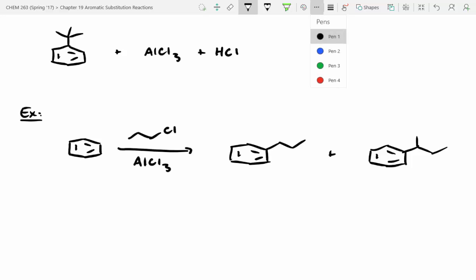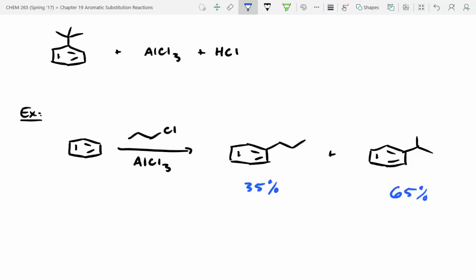And you can do this experimentally, and the ratio is 35% I think to... I have too many carbons. Oh, sorry, thank you. To 65%. So you can see you mostly get rearranged products, but you do get a little bit of the unrearranged product.